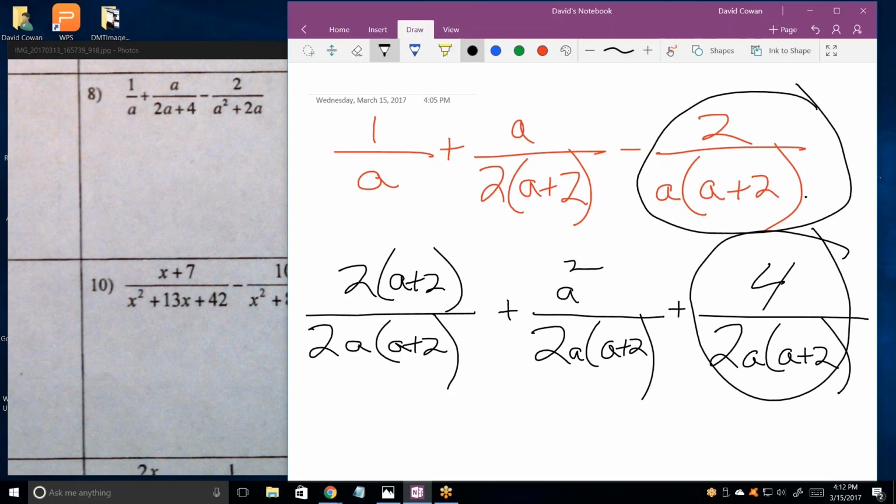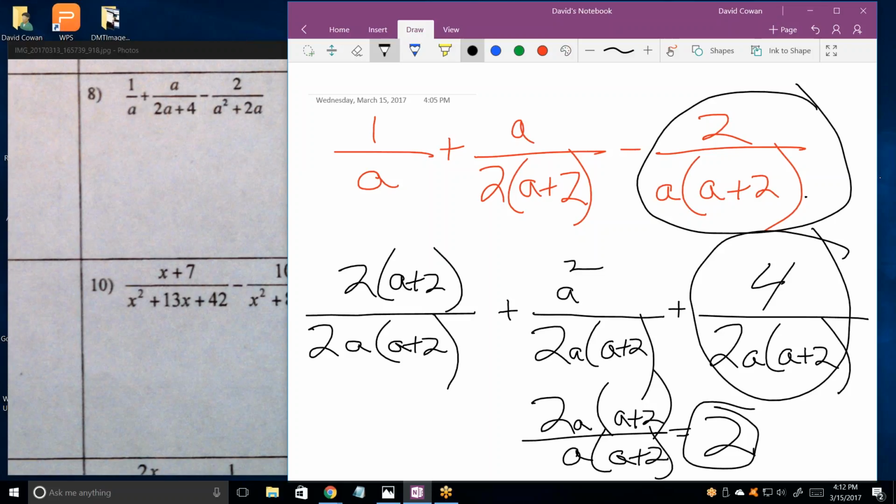Now, how did I get it? Well, I took my common denominator, divided it by this denominator to get 2, and then I multiplied that 2 by the existing numerator. That's how I get 4.